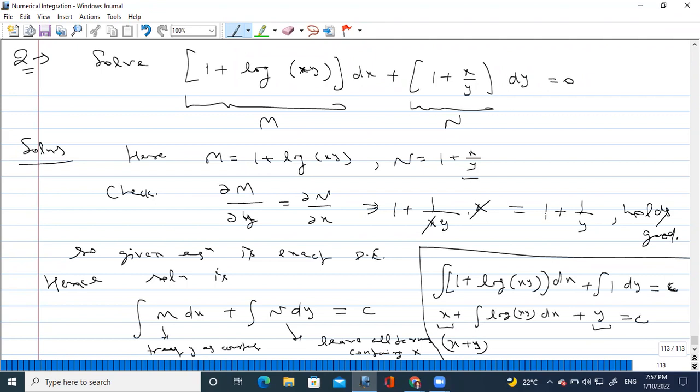Can anybody tell the formula? See here, integral log x is equal to x log x minus x. This is the formula. So by this formula, this integral will be plus xy log xy minus xy.